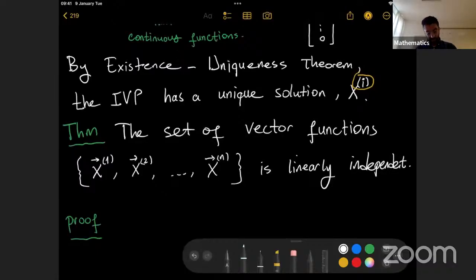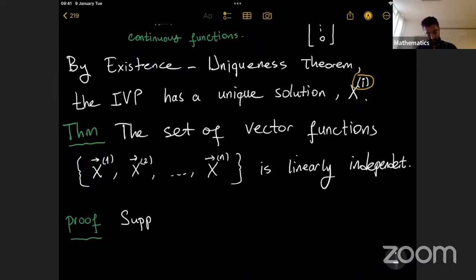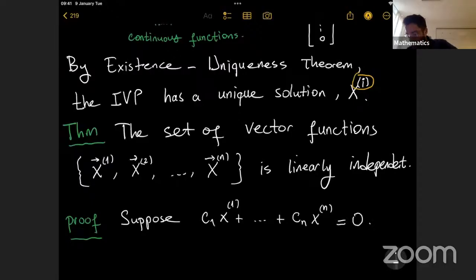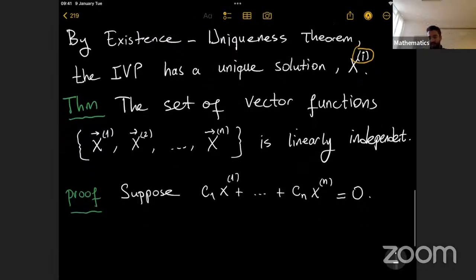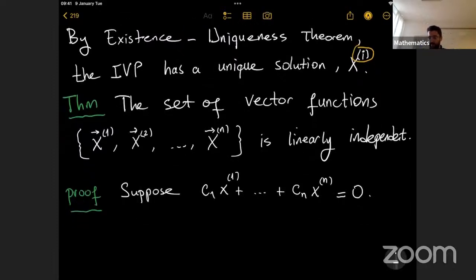So we suppose first that C1 x1 plus up to Cn xn, this combination, is equal to 0, and we will show that C1, C2, up to Cn are all 0.